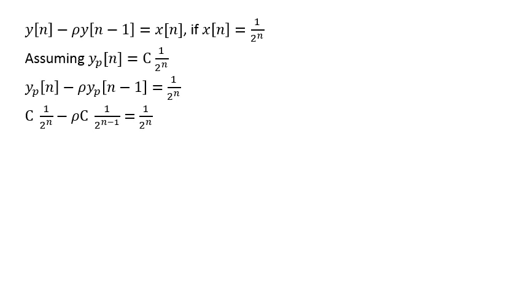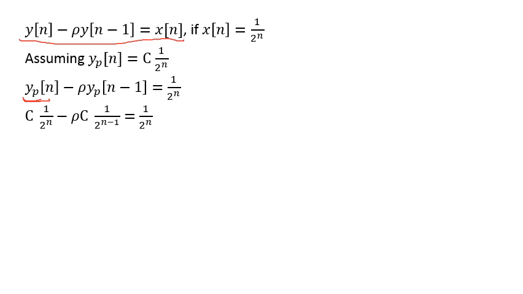Okay, so the second step is that we replace y by y p in the given difference equation. So we have replaced it here, right? If you compare this with the original equation, you can notice that y has been replaced with y of p, like we did for the particular solution in the continuous time case.